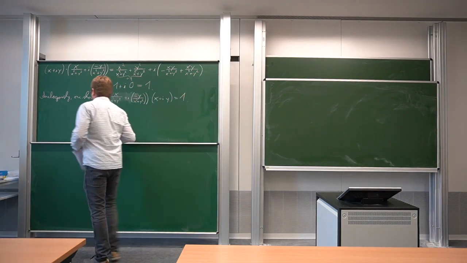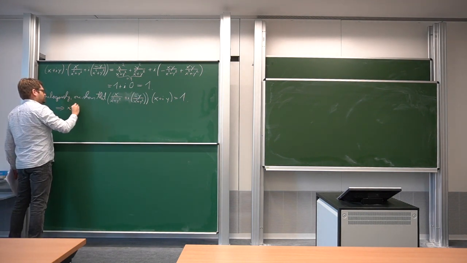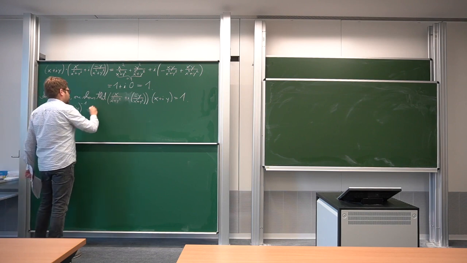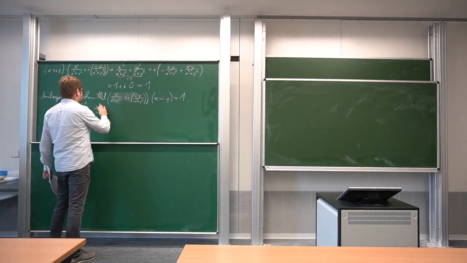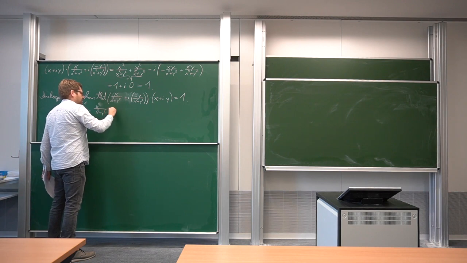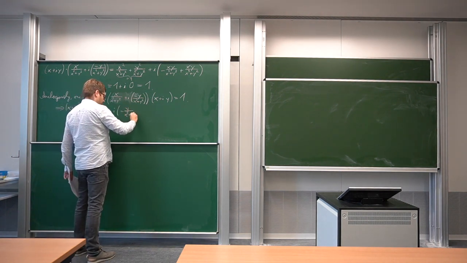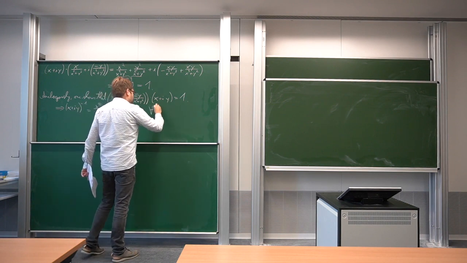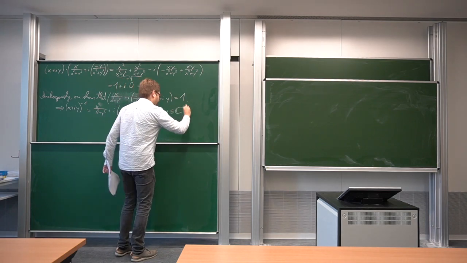And so this shows, because of uniqueness of inverses, that the inverse (x plus iy) to the minus 1 is precisely x over x squared plus y squared plus I times minus y over x squared plus y squared. This holds for all x plus iy in C star.